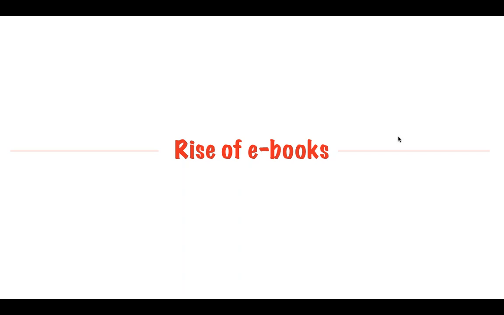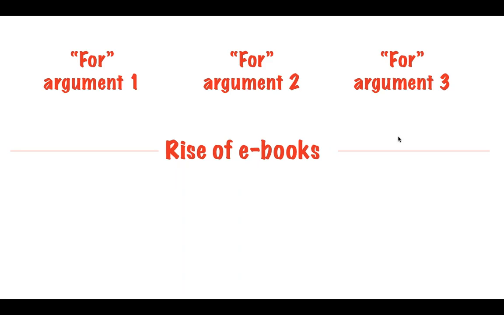Then and only then will you stay on track with your essay and not write off topic. Next, can you please come up with your 4 arguments for the rise of ebooks? What are 3 arguments as to why the rise of ebooks is a good thing?